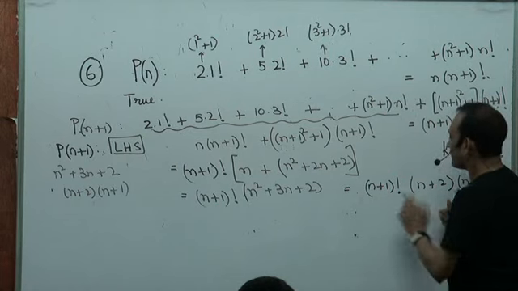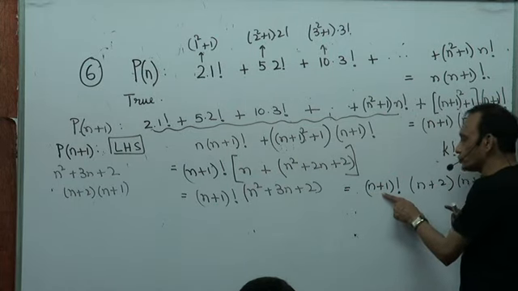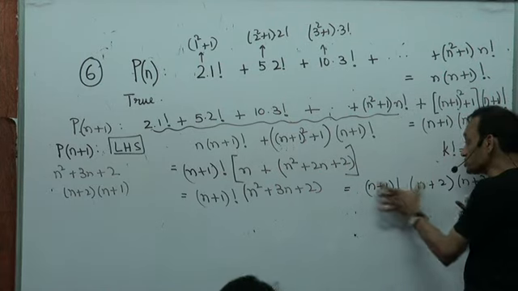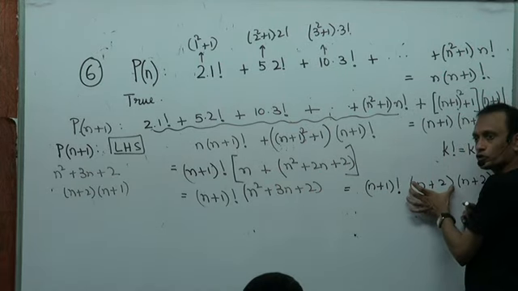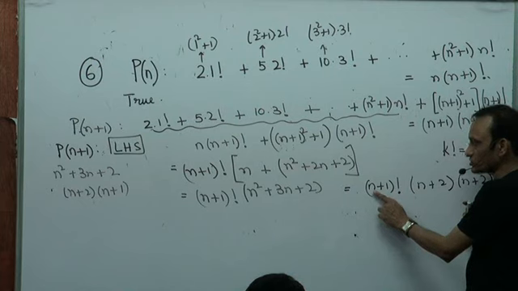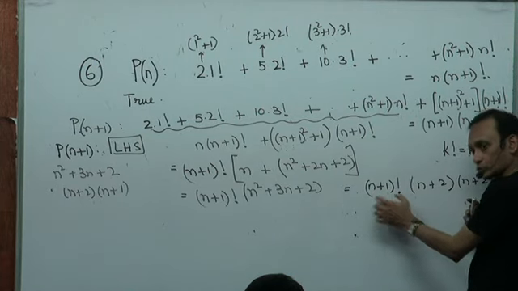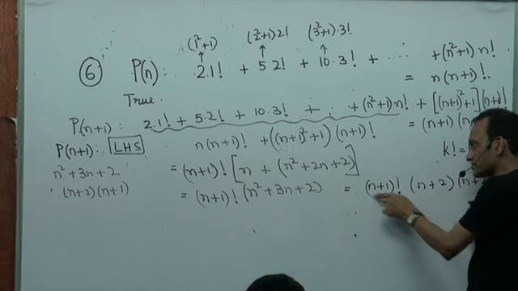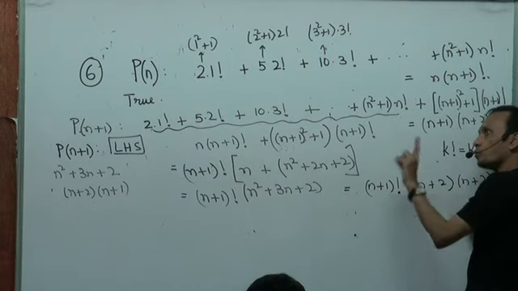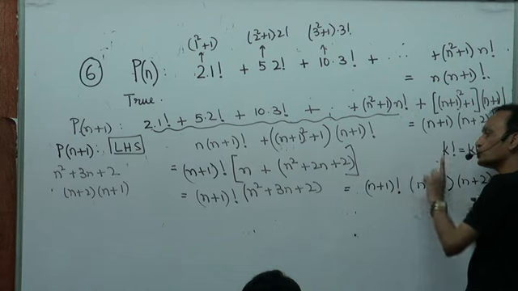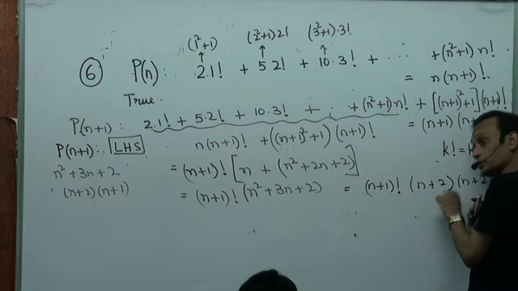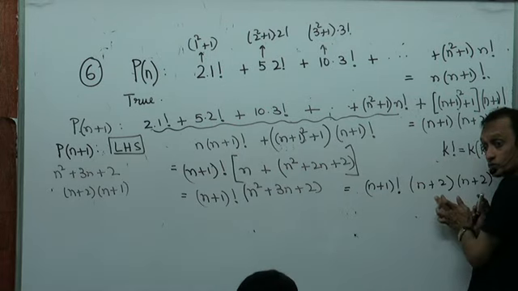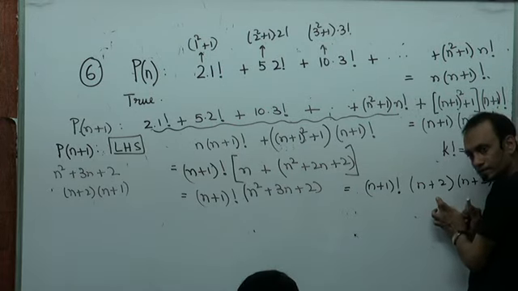Hey, this is 1 into 2 into 3 up to n plus 1, and then into n plus 2. That means this into this will actually be n plus 2 factorial. Yes or no? This into this will be n plus 2 factorial, right?